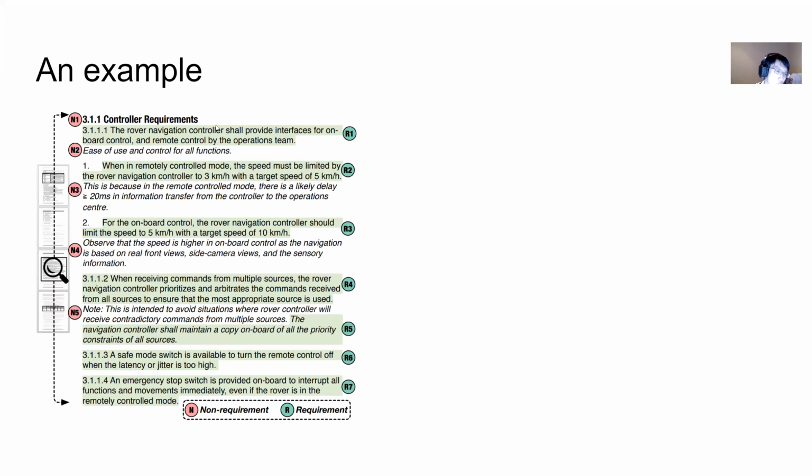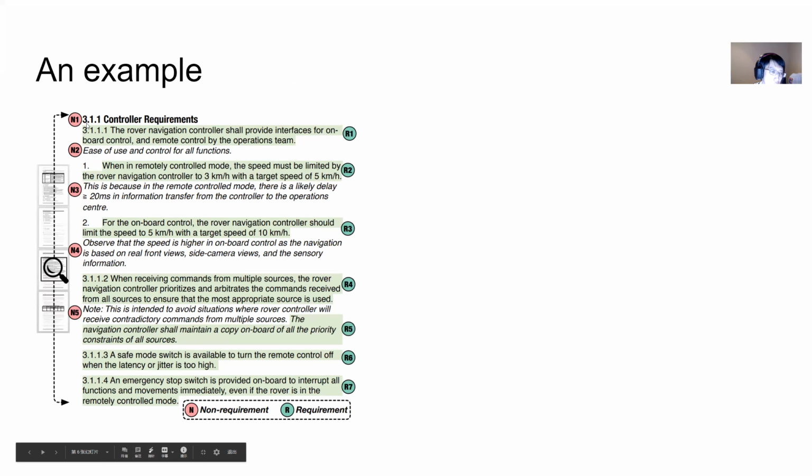Let's see an example. What is the paper doing? Let's see a text paragraph. It is marked by N and R, meaning non-requirements and requirements.